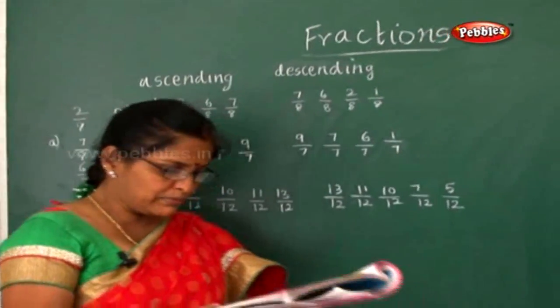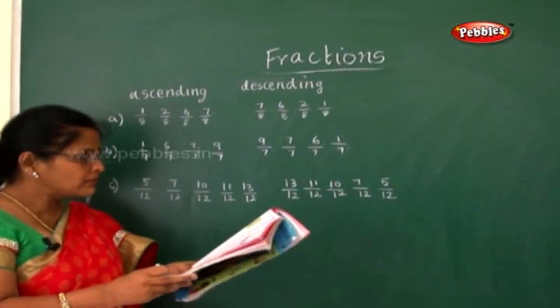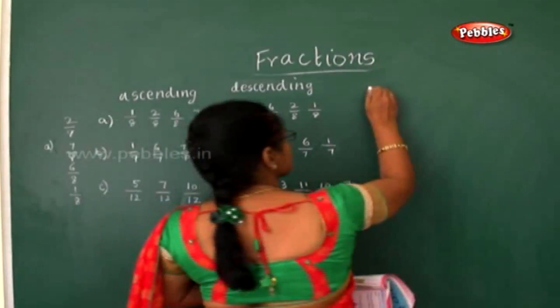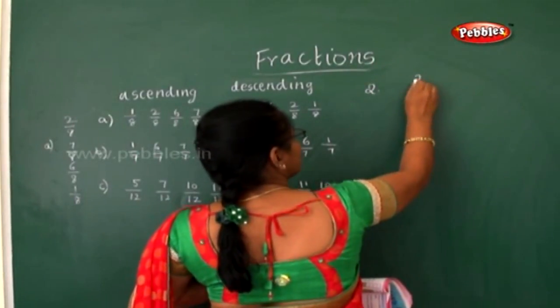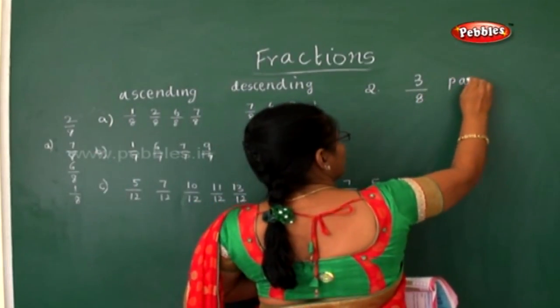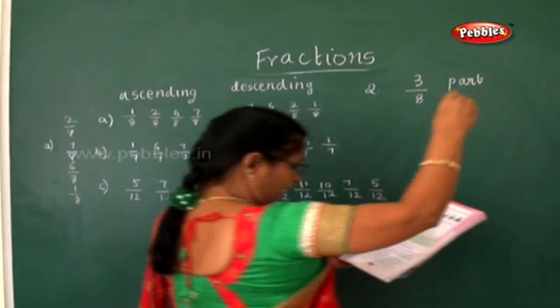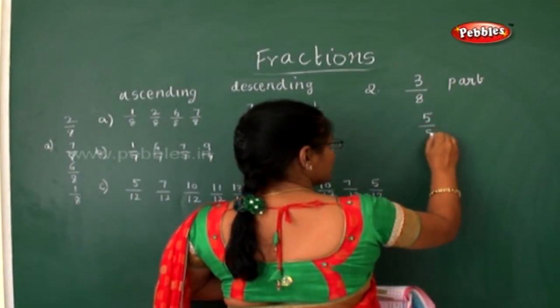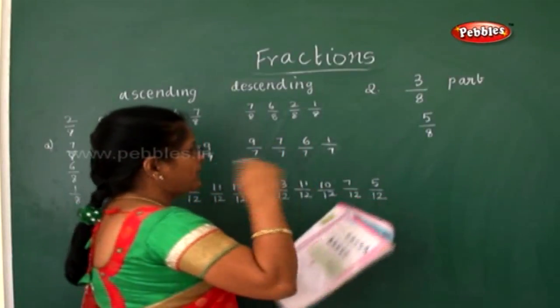See, the next sum: Lata painted 3 by 8 part of the wall in a room, and Sudhakar painted 5 by 8. Now the question is, who painted more?